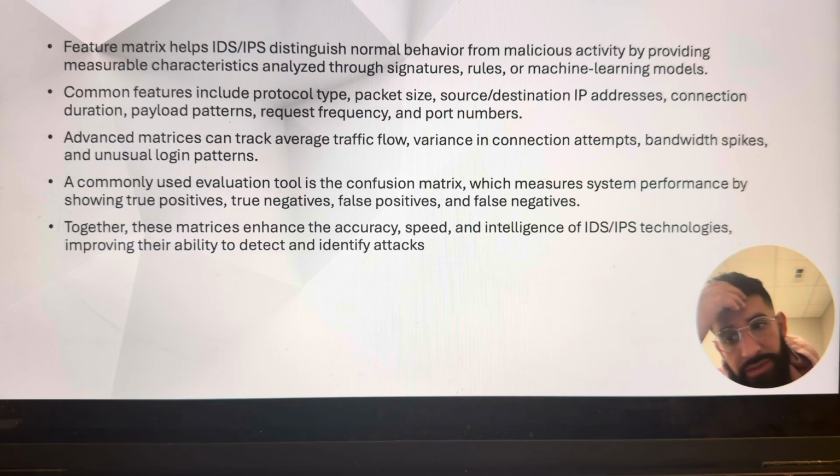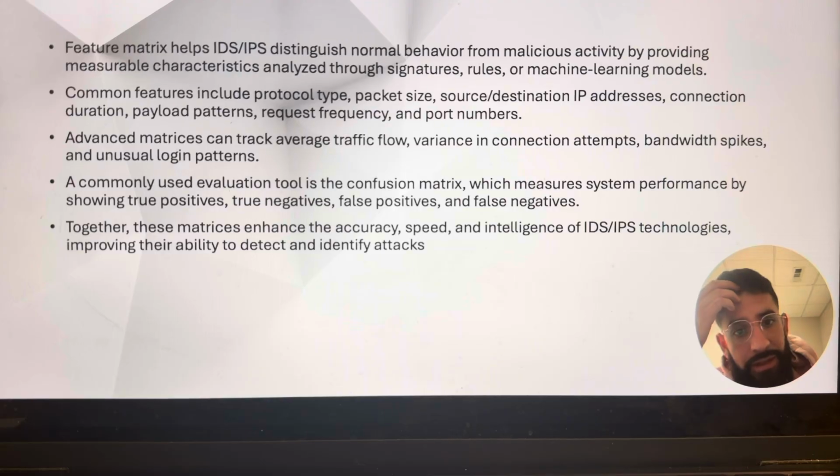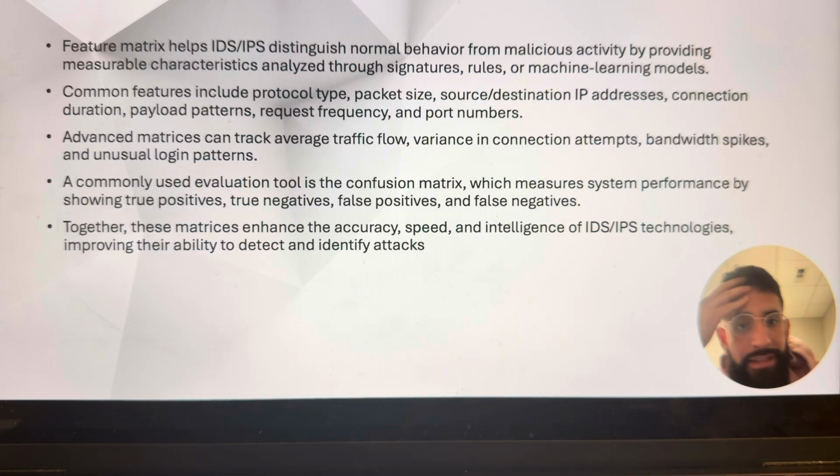So, the feature matrix in the IDS and IPS. A feature matrix helps IDS and IPS distinguish normal behavior from malicious activity by providing measurable characteristics for analysis through signatures, rules, or machine learning models. Common features include protocol type, packet size, source/destination IP addresses, connection duration, payload patterns, request frequency, and port numbers.